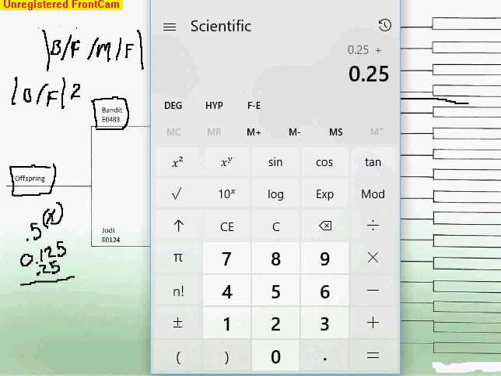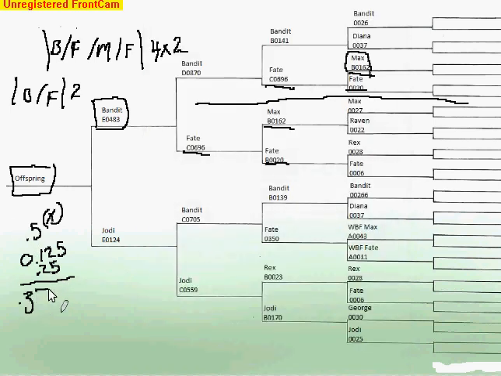So 0.25 plus 0.125. We get 0.375. To turn that into a percentage, we have 37.5%. And that is our coefficient of inbreeding for this individual right here.